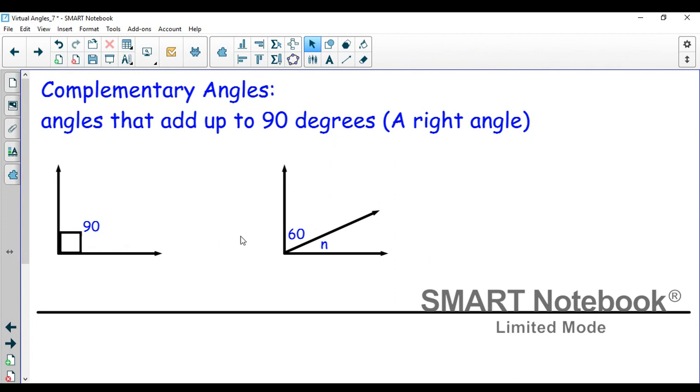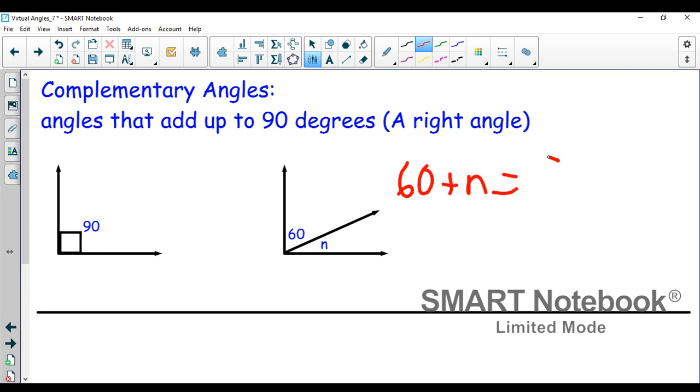The only thing that happened is it got cut up into one angle that measures 60 degrees and one unknown angle. But because we know that these two angles are complements, that they form a right angle, we know that if we take that 60-degree angle and that unknown angle, those two together give us a 90-degree angle.